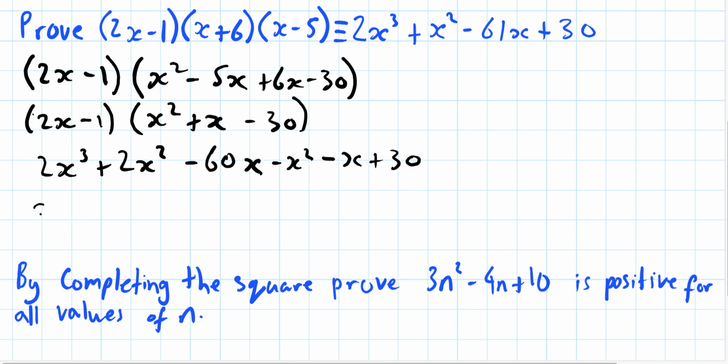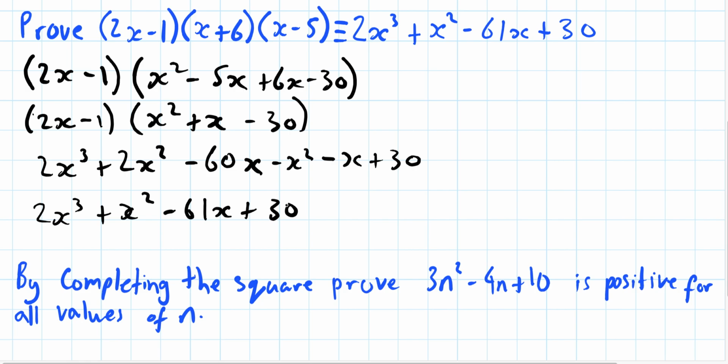Collect the like terms: 2x cubed, plus x squared, minus 61x plus 30.